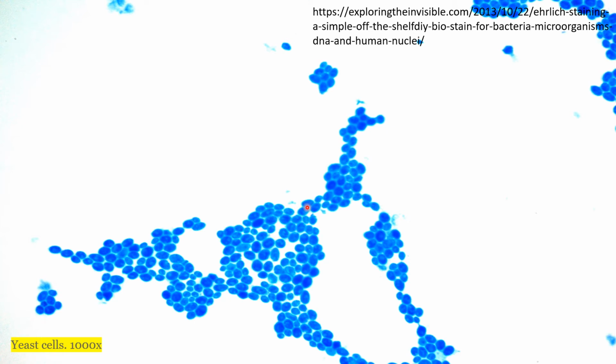If it's basic, it usually has a positive charge, and it usually stains the negative part of the cell. If there are proteins or parts of the cell that are negatively charged, the stain usually stays there.